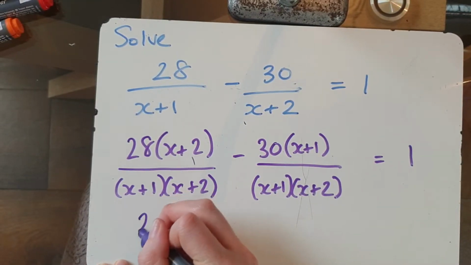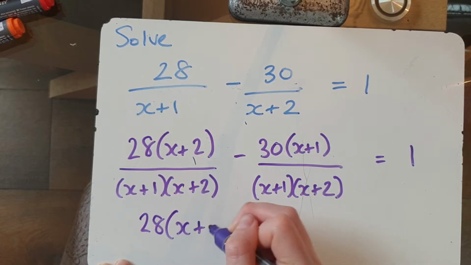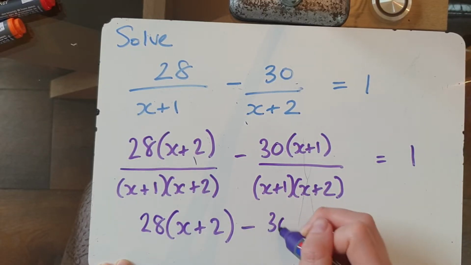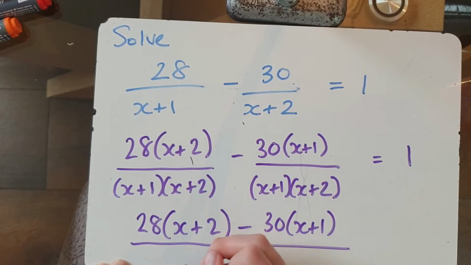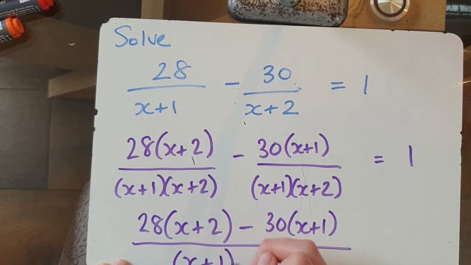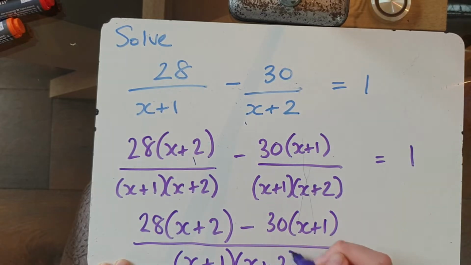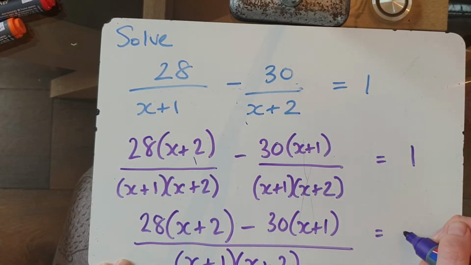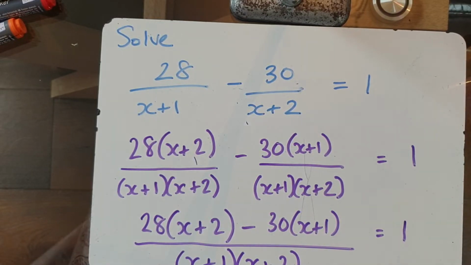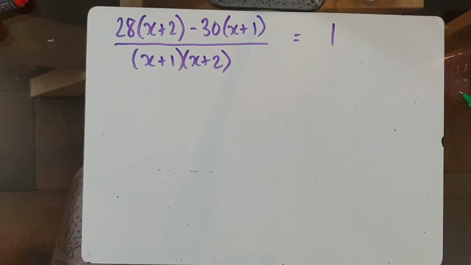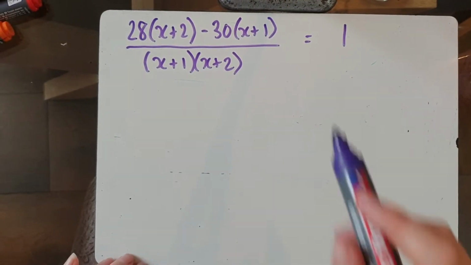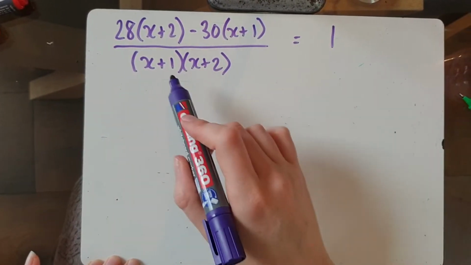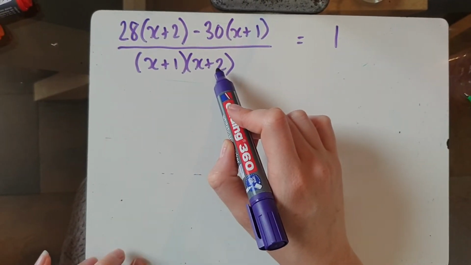So I've got 28(x + 2) minus 30(x + 1), all over a common denominator of (x + 1)(x + 2), equals 1. From that point, I can multiply both sides of the equation by (x + 1)(x + 2).